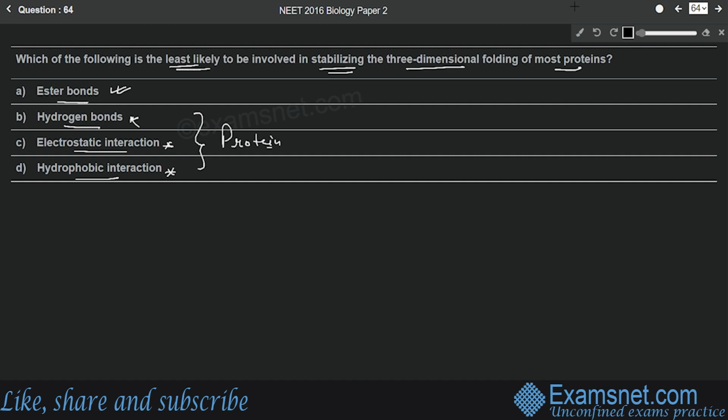Whereas ester bond is not present in proteins, or not formed in proteins, because ester bonds are formed in nucleic acids and lipids, but not in proteins. Therefore option A is the correct answer.